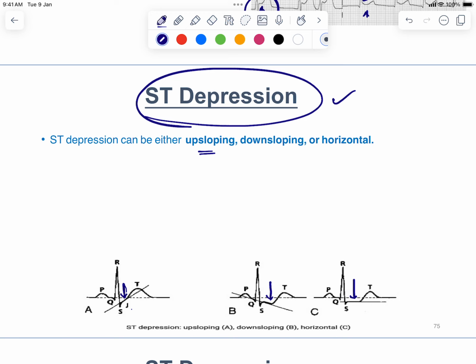And one of the very important conditions where you have the presence of ST segment depression is in case of myocardial ischemia.